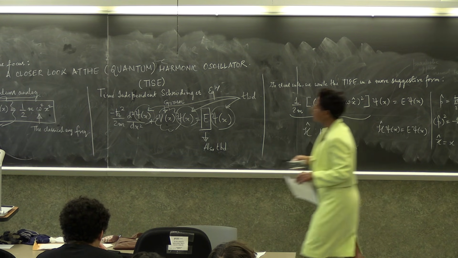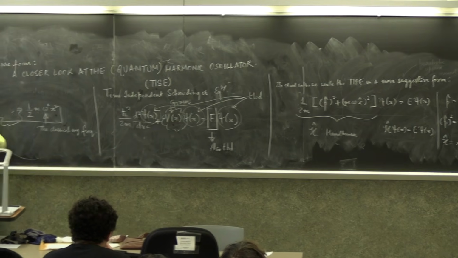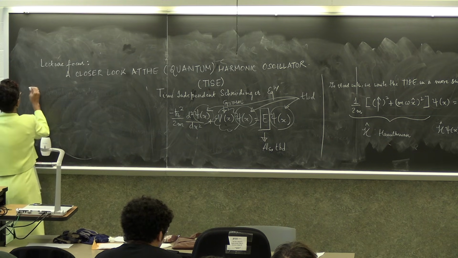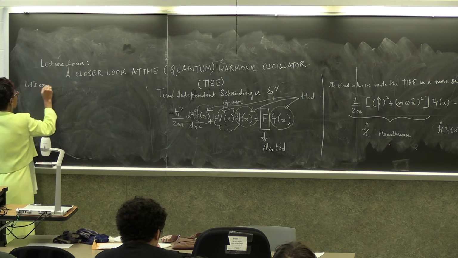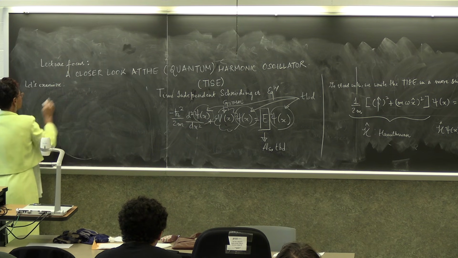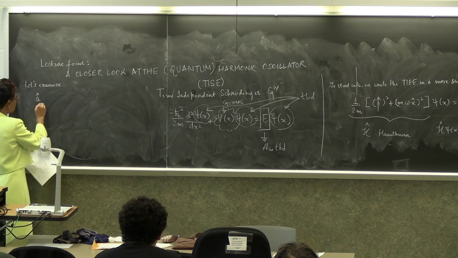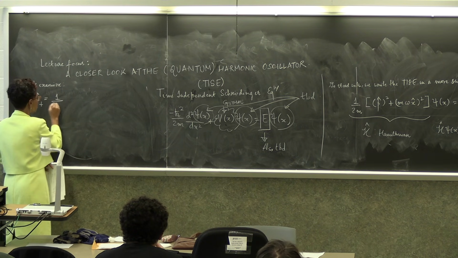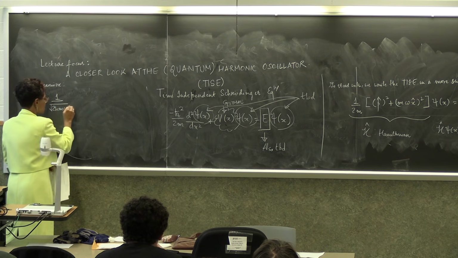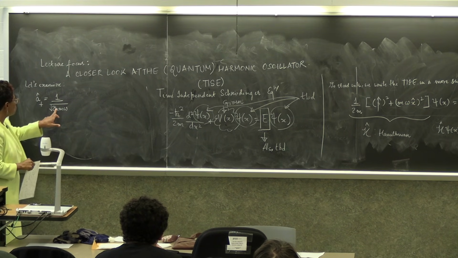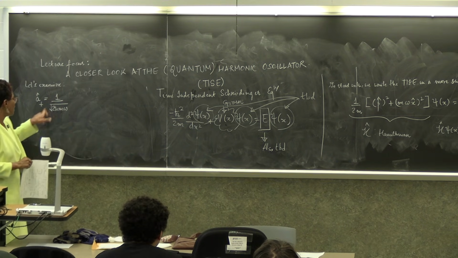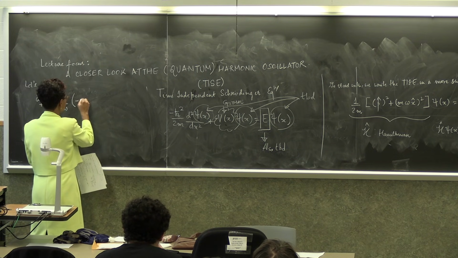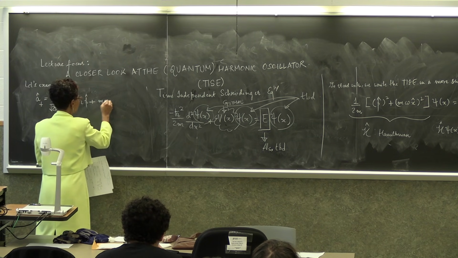To clean up notation, let's examine operator A plus, defined as, stay with me and I'll motivate why we are doing this, some factors in the front, 2 h bar m omega under square root, times, this is the important part, minus i p operator plus m omega x operator.